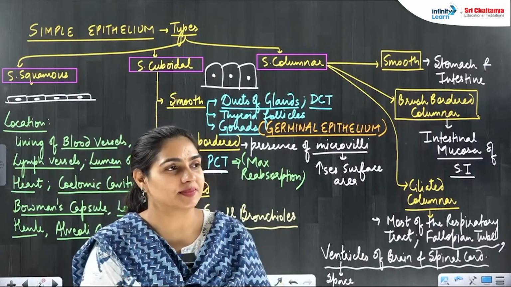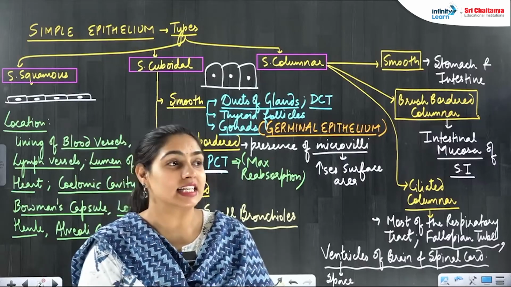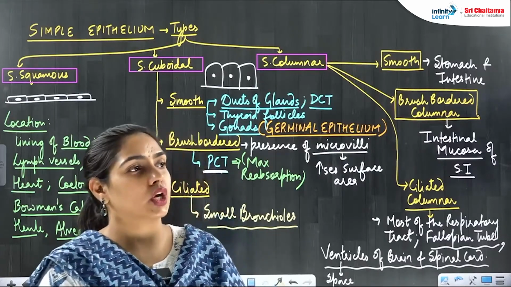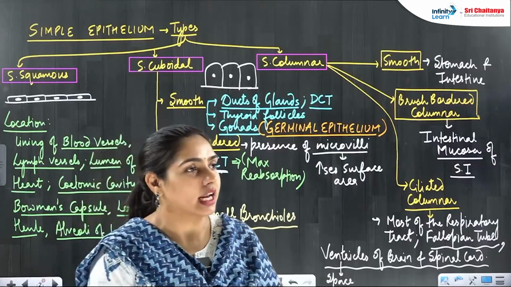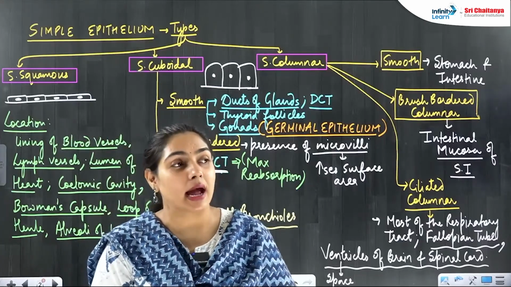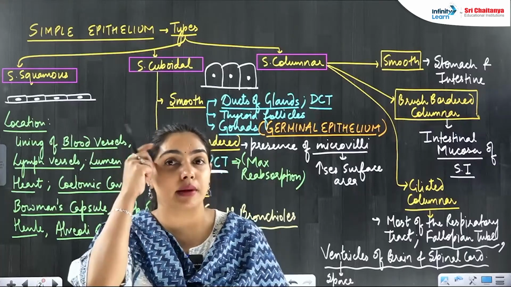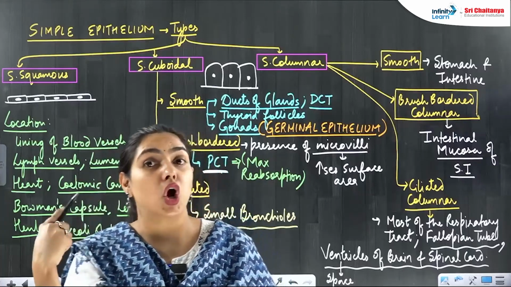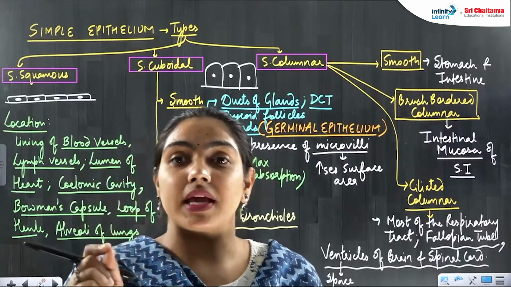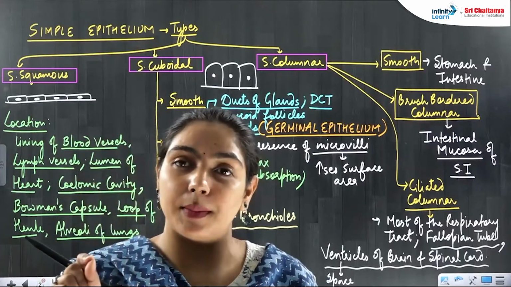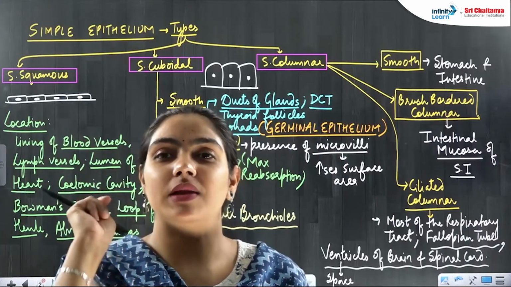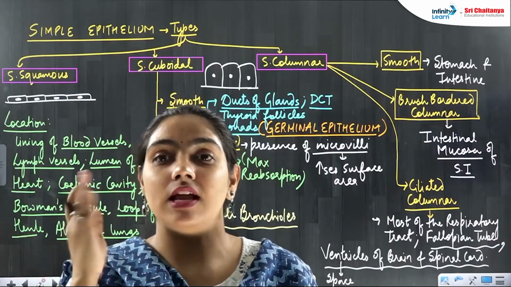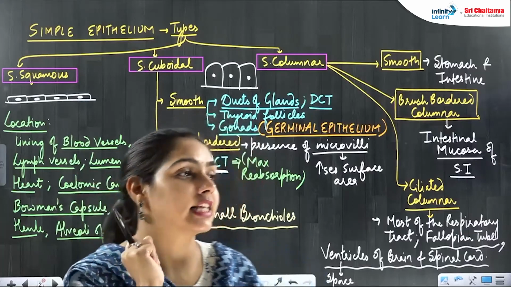Anybody? Try. CSF, Jayashri, very good. Jayashri, Nageshwar Rao, you all are brilliant students. Yes, cerebrospinal fluid. Cerebro means brain, spinal means spinal cord. So there are some spaces, and these spaces have cilia. Columnar ciliated epithelium will help in the movement of CSF.